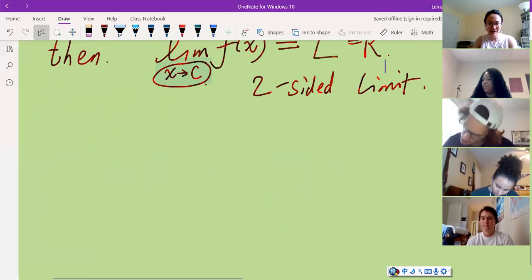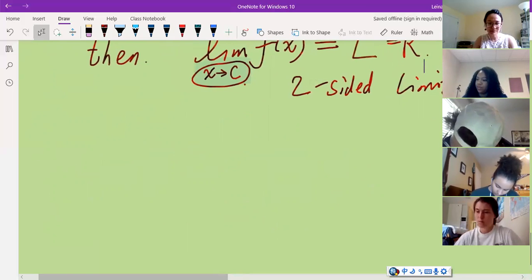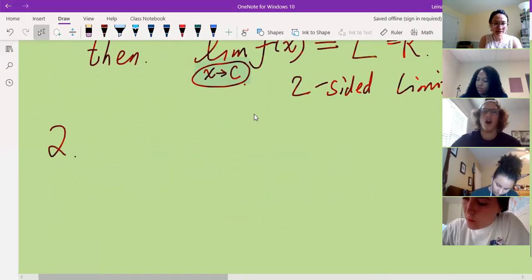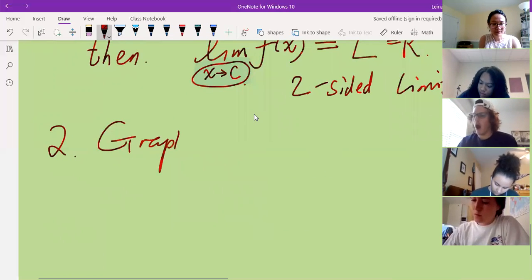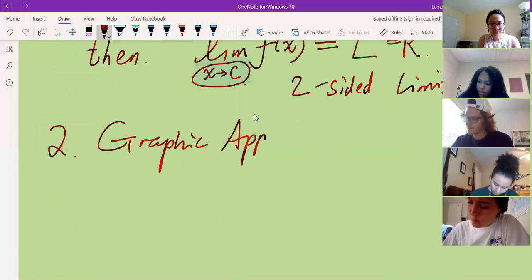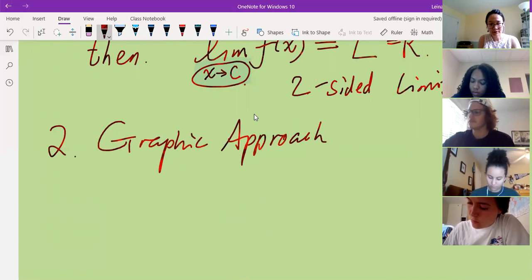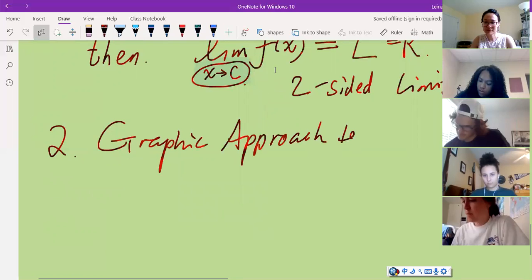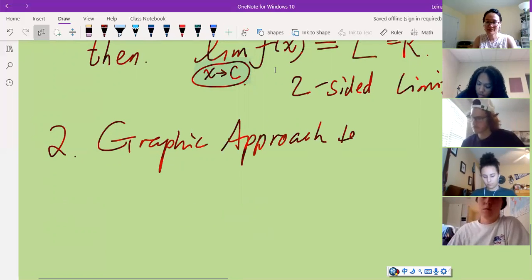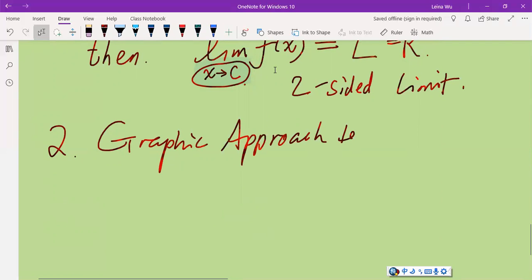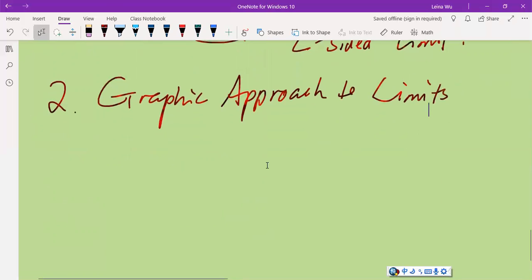So second is called the graphic approach to limits. So let's take a look at the graphs.